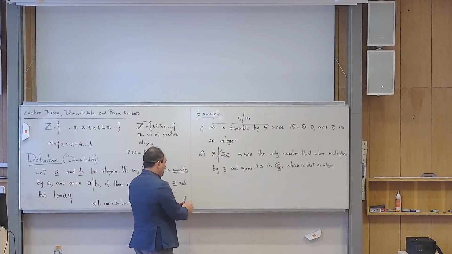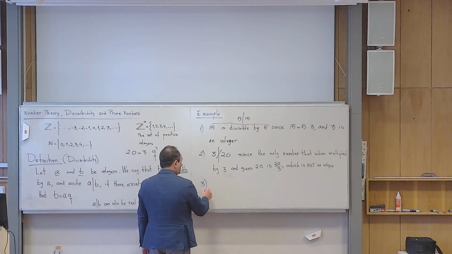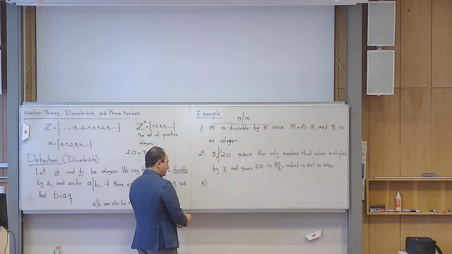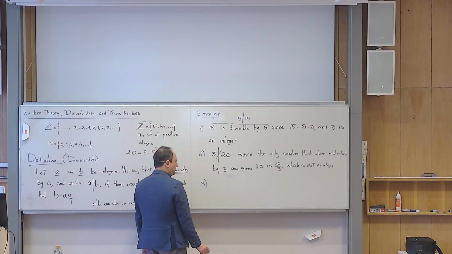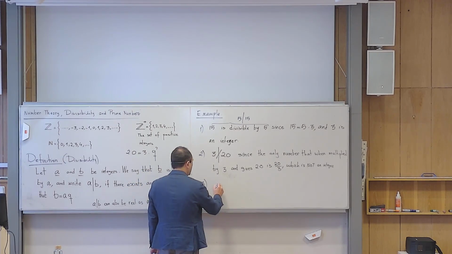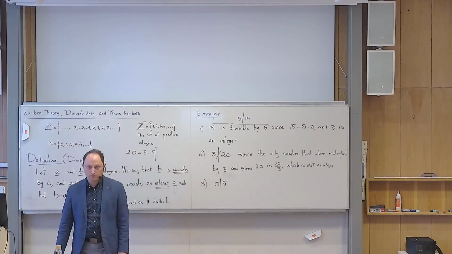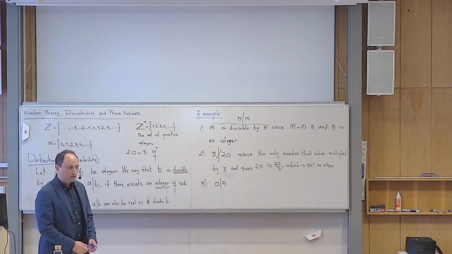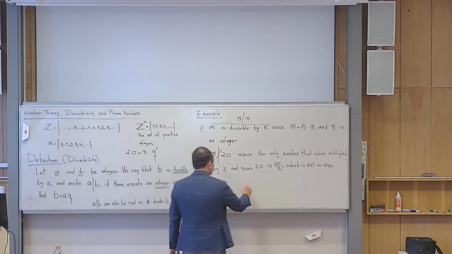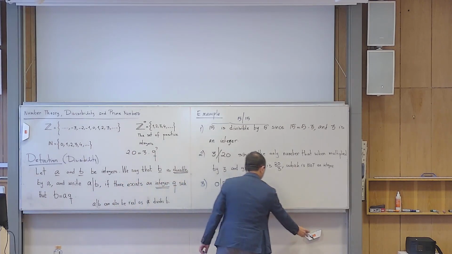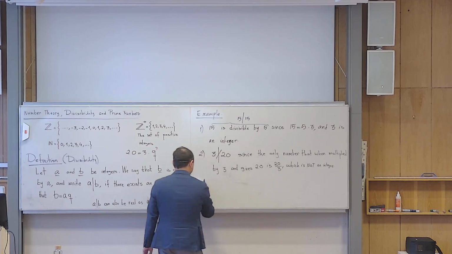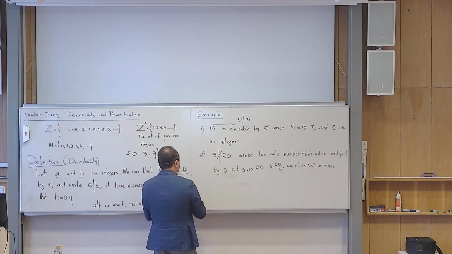Okay, let me give you another question. I don't want to write them down, but I want to talk about them orally. So what do you think about this? 0 divides 5. Do you think that's correct? And then 5 divides 0. So let me write true or false. So next example.